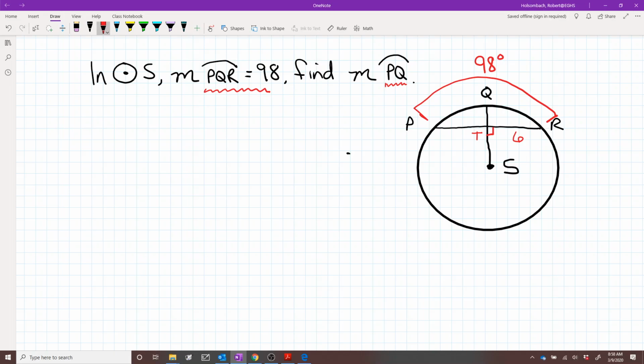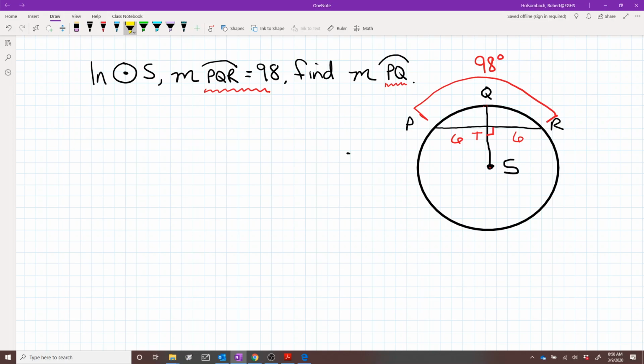Alright, there's three things going on. You've got this segment S to Q that starts in the center of the circle and it ends on the circle, and it's perpendicular to chord PR, which makes it a radius, which by rule, if it's perpendicular, it bisects the chord, so that makes P to T 6, and the corresponding arc.